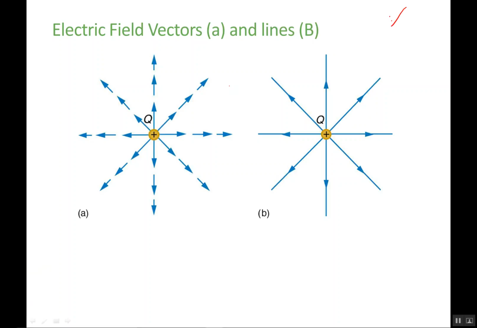So the electric field lines for this big Q, which is a positive charge, are demonstrated over here in panel B. The electric field lines point radially outward because that's the direction a positive charge would be pushed if it was placed anywhere in that field. The way you would draw electric field lines is by thinking about the vector field and drawing lines that are tangent to the vectors that represent the electric field at every point in space. So in this case, because the fields point radially outward, the tangent lines also point radially outward.